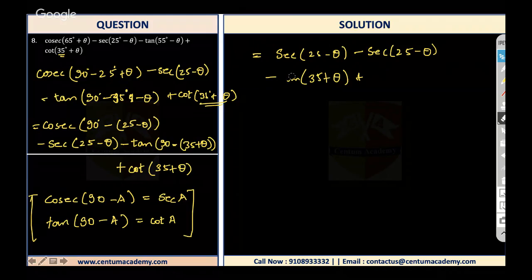So this will become cot. After applying this, you'll get cot 35 plus theta and then plus cot. So hence net is 0. Okay, so no brainer, not much of an effort is required in such problems. So let's move on to the next question.